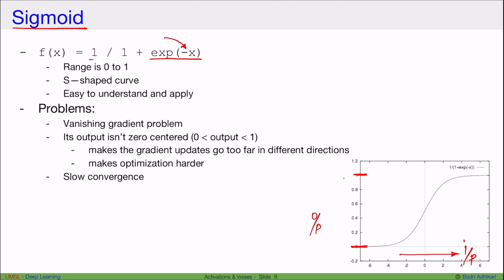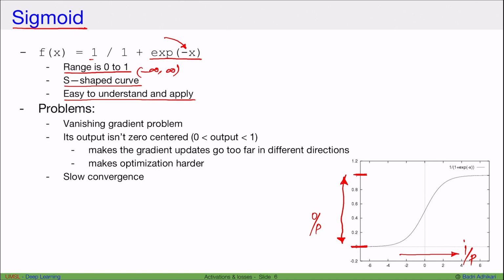It squeezes your inputs such that your output ranges between 0 and 1. So the range of this function is 0 to 1, and the domain is minus infinity to plus infinity. Of course, to get reasonable values, you have to have reasonable input. It is also known as the S-shaped curve. And it's also very easy to understand and apply. That's why sigmoid is very popular.